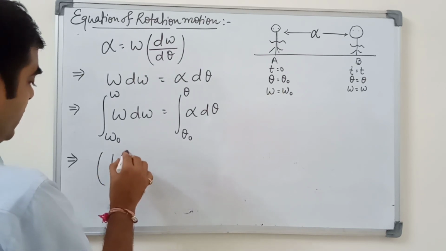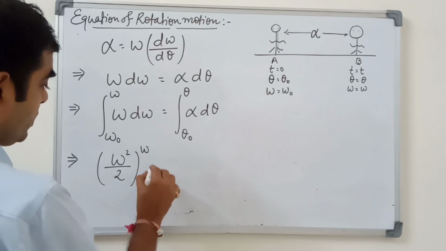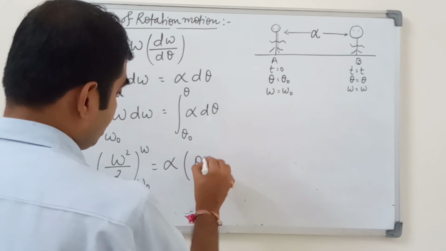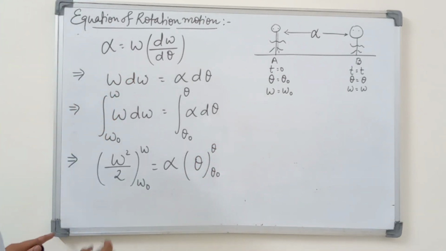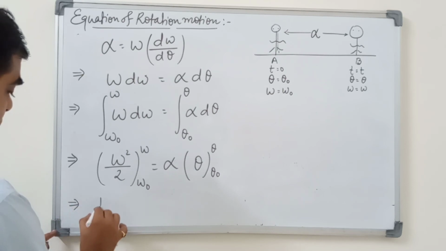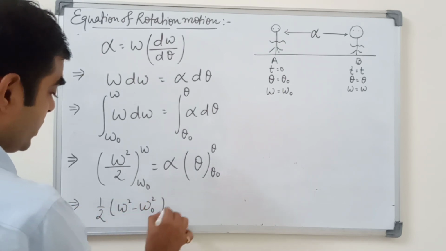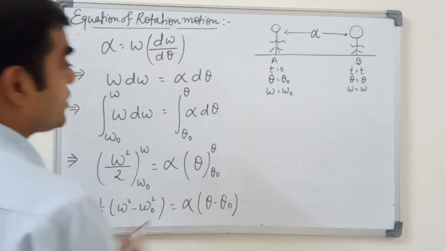Now the integral gives omega square by 2 between omega naught and omega, and alpha times the integral of d theta from theta naught to theta. Putting the values, 1 upon 2 times (omega square minus omega naught square) is equal to alpha times (theta minus theta naught).